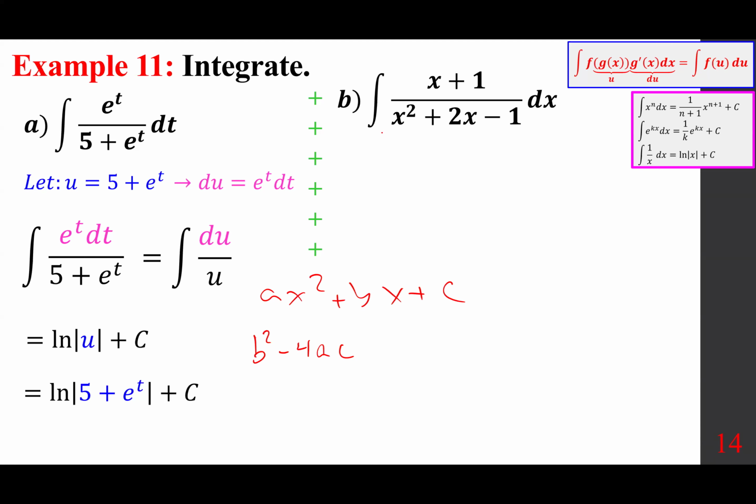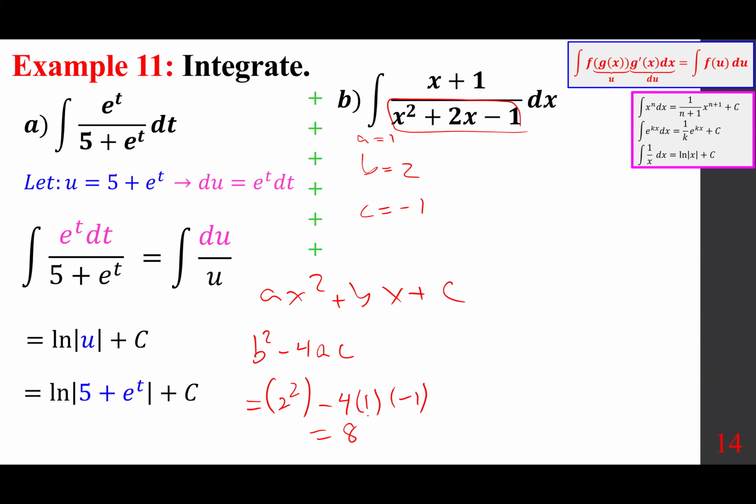In this case, a equals 1. We're looking at this one. B equals 2, C equals -1. If this is a perfect square, it can be factored. 2 squared minus 4 times 1 times -1 gives you +8, which is not a perfect square, cannot be factored.